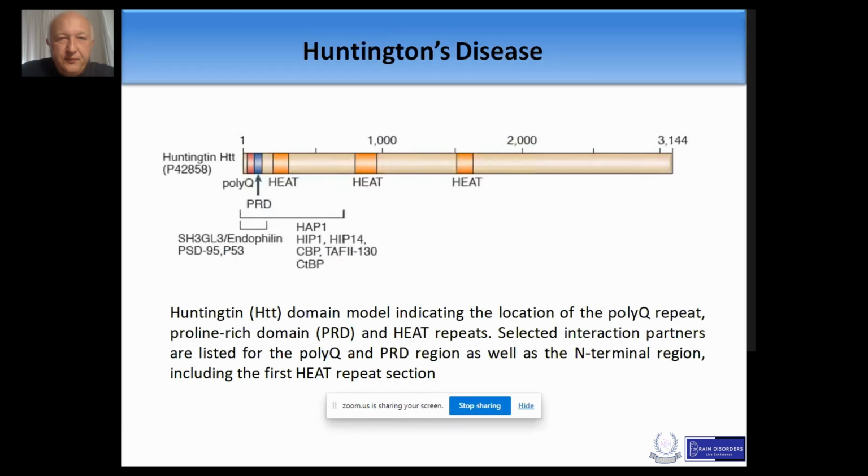So the Huntington gene encodes a large protein. It has 3 or 4 HEAT domains, and then we also have this polyQ tract, followed by a proline-rich domain.